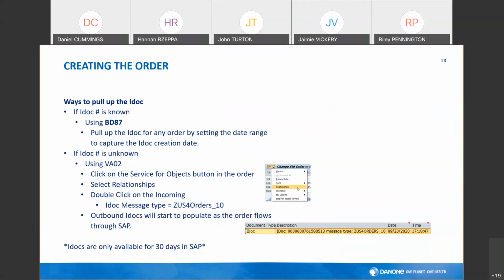And those are all different outbound EDI transmissions that we're sending out to either BlueJay or the customer or any number of other systems. A key thing to note, though, if you are doing research, IDOCs are only kept in SAP for 30 days. So if we have an issue with an order or a customer and we need to go back and look, a lot of times if it's an old order, there's a good chance that there will not be an IDOC available to go and look at the raw data.